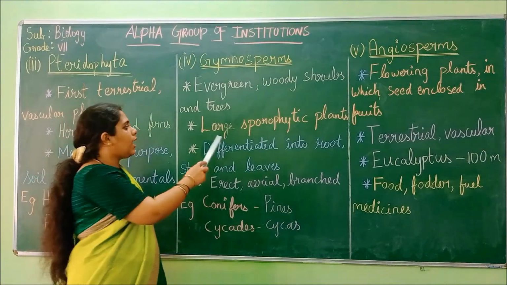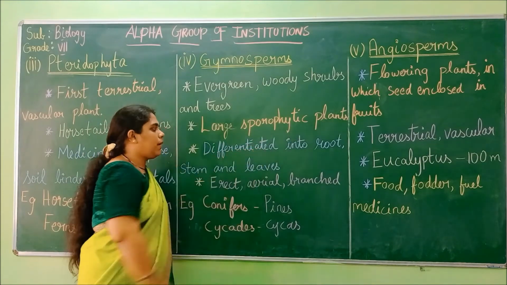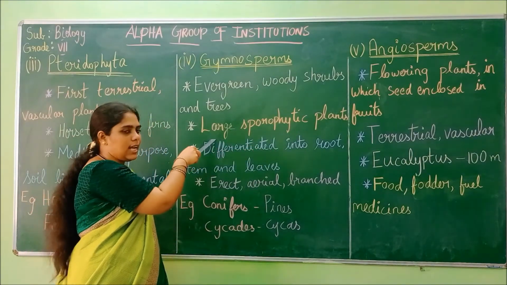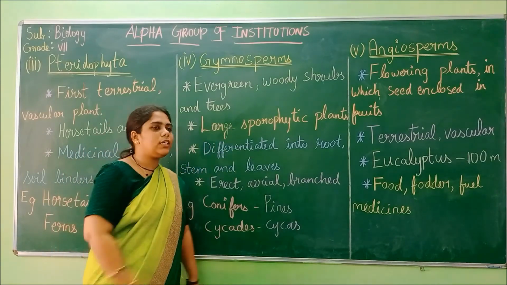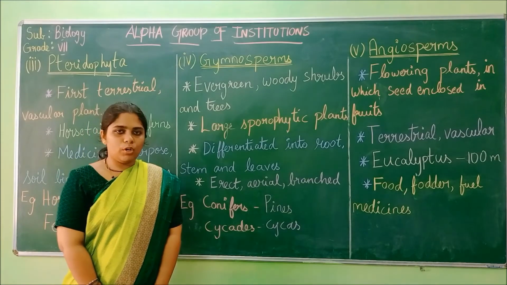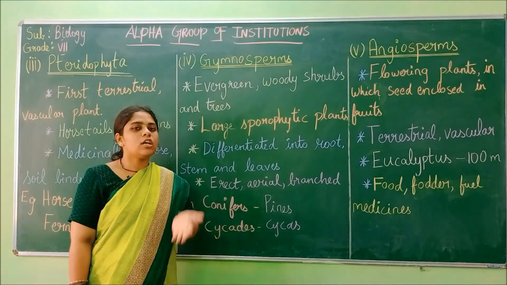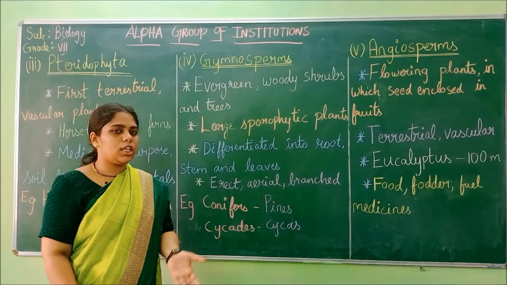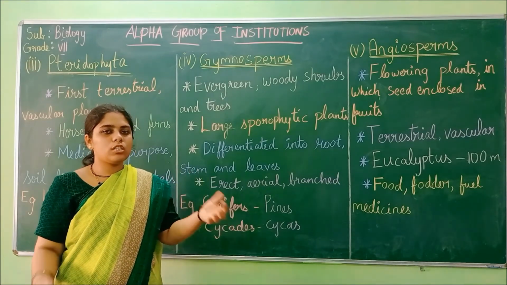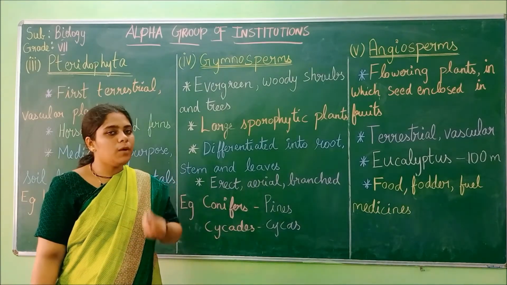Next is large sporophytic plants. Trees are usually large, so they say large. Sporophytic means it involves spores for reproduction. For producing seed, spores fuse together to form seeds.